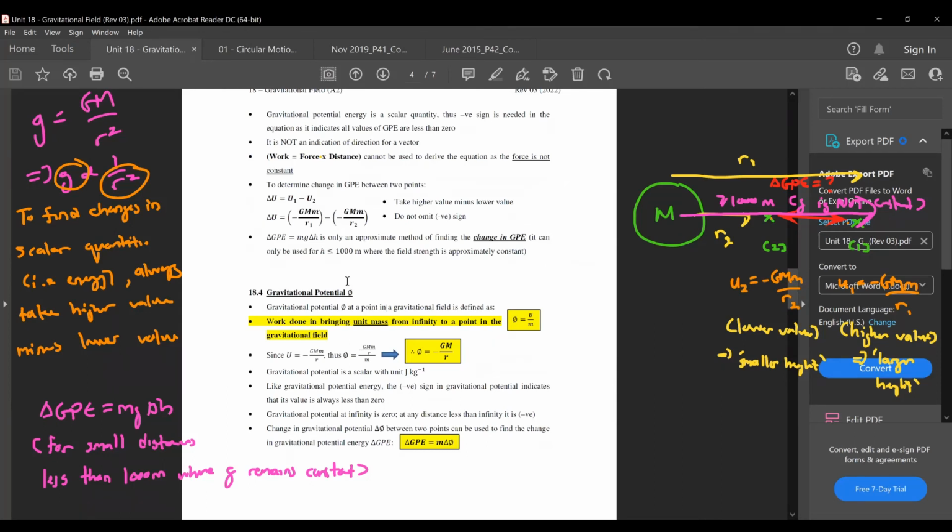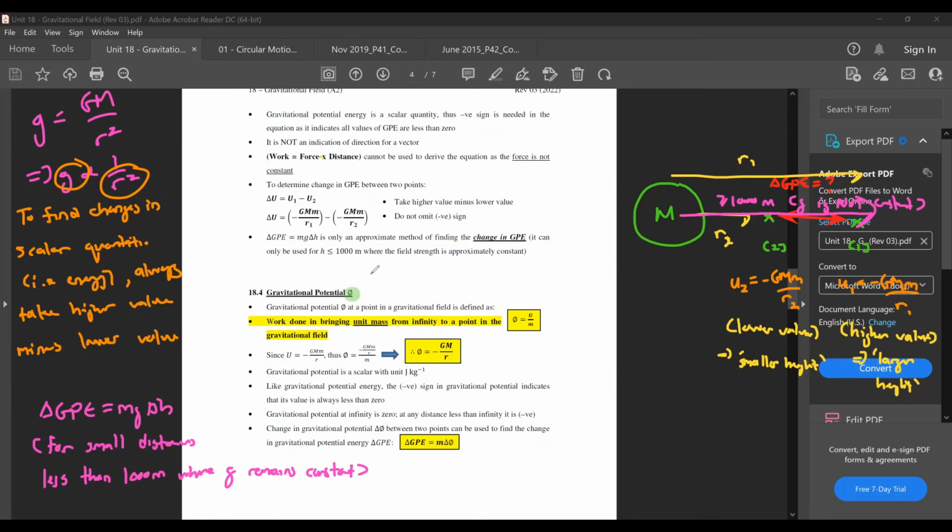Now when you see this little symbol, this is actually not theta. It's a Greek symbol called phi. Theta is written like this. Phi is a circle with a line across it like this. This one was theta, this is phi. So gravitational potential is usually denoted by the symbol phi.